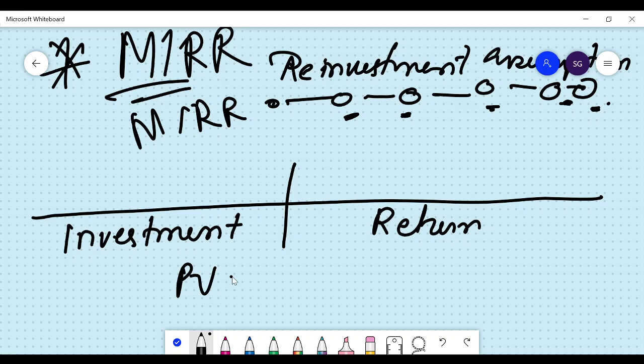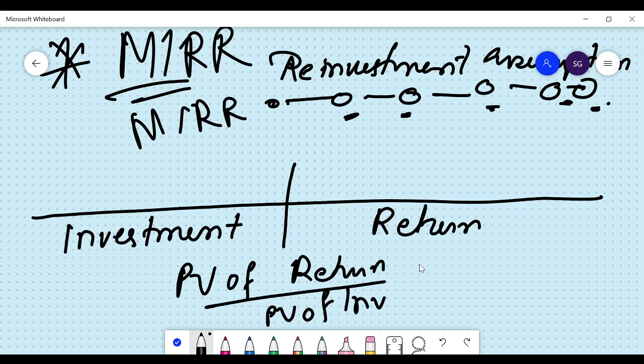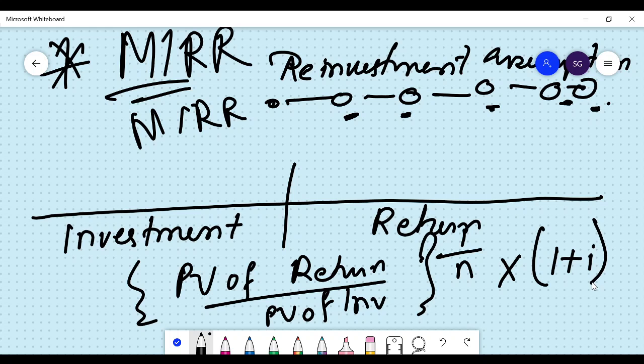We divide the present value of cash flows of return phase by the present value of cash flows from investment phase, and we raise it to the power 1 by n, where n is the life of the project in years, multiplied by 1 plus i, where i is the cost of capital, and we subtract 1 from it.